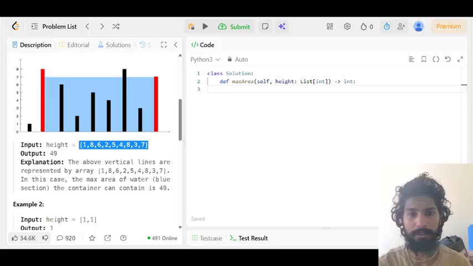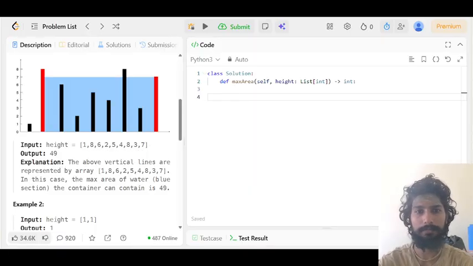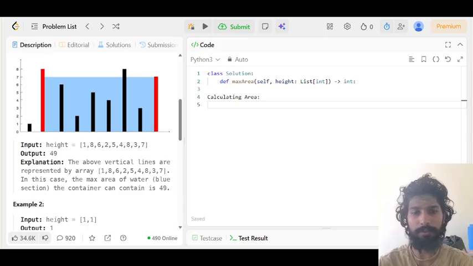So suppose that we choose one line at index left and another line at index right. The width of the container will be right minus left.